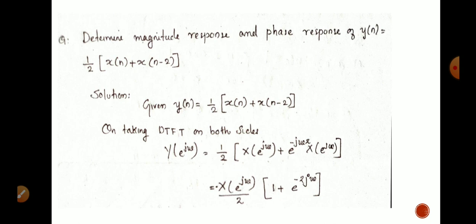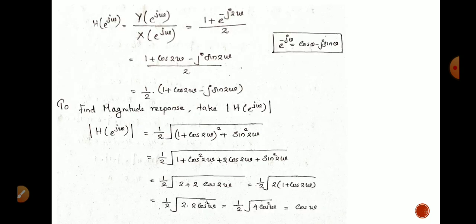Then in the first equation we can see that X of e raised to j omega is common in both terms, so we can take it outside. On taking X of e raised to j omega outside the bracket, we can write this as X of e raised to j omega by 2 into 1 plus e raised to minus 2 j omega.